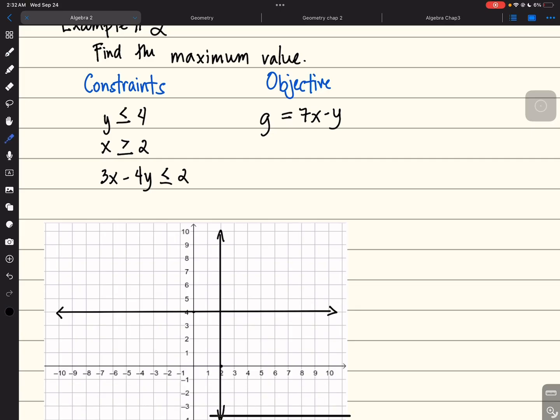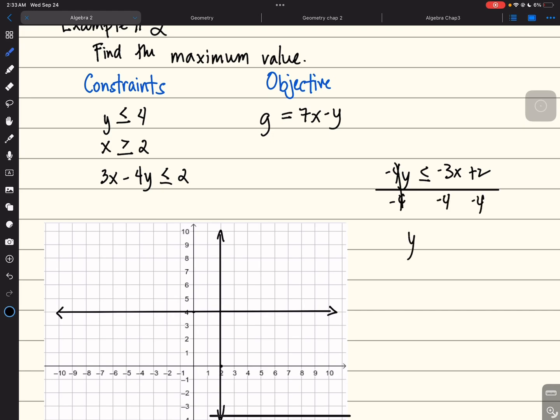Now, for the third one, like what I said, transform it into slope-intercept form. If you still remember, you have to move the first term to the other side. It will become negative. So that is 4y less than or equal to negative 3x plus 2. And divide both sides by negative 4 so that we can isolate y.